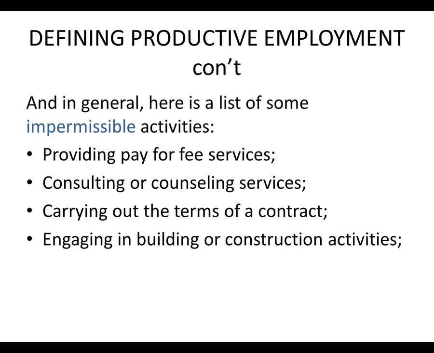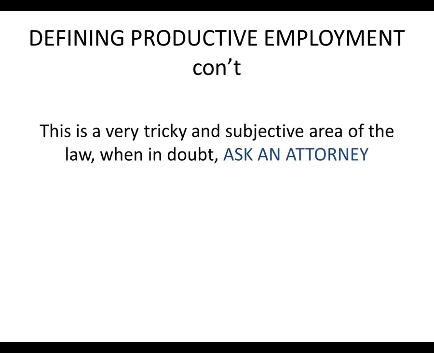If you're doing some reporting, you can come to the United States to collect information, but you can't do the actual, let's say you're doing competitive intelligence reporting, for example. You can come to the United States and gather all the information that you want. You cannot do the productive employment of actually preparing the reports and preparing the competitive intelligence analysis in the United States. And I think my example already sort of covered building or construction activities, but again, that's an example of what is not permitted under the B visa program.